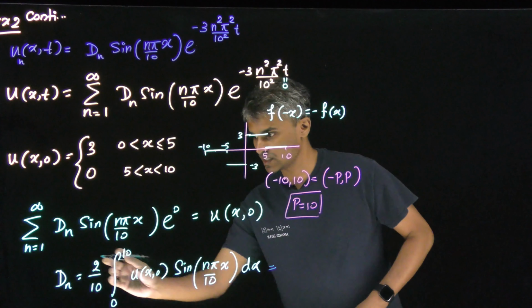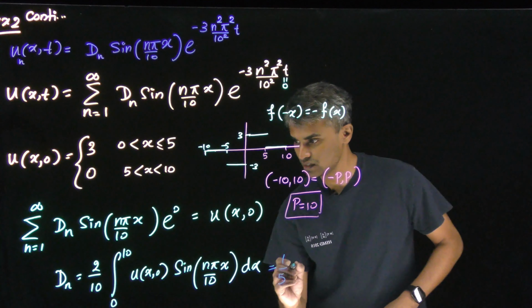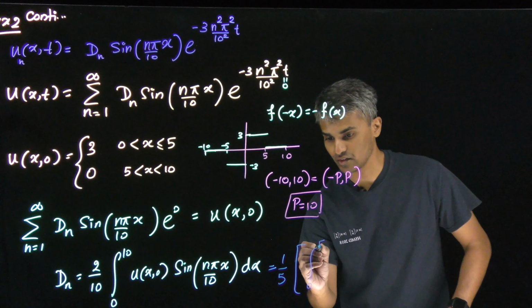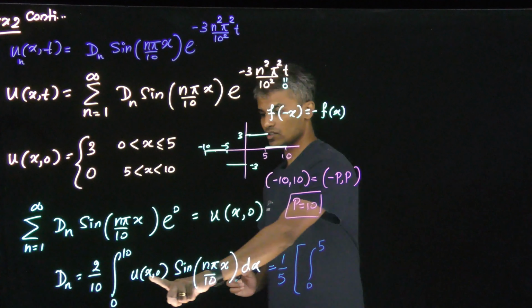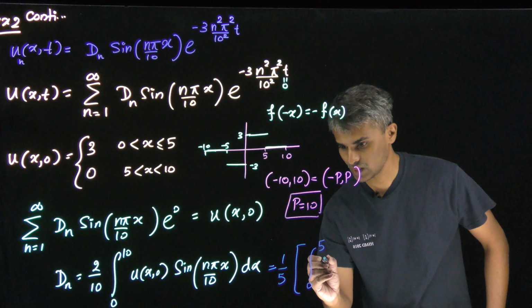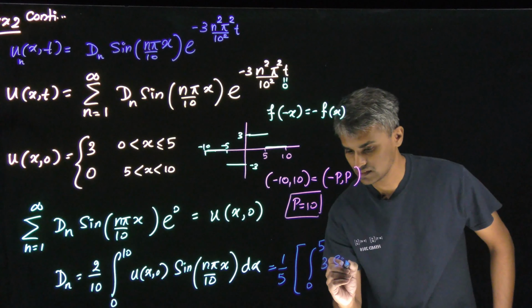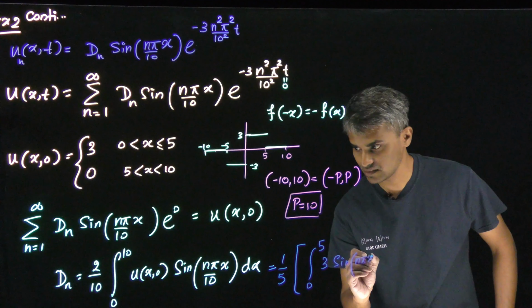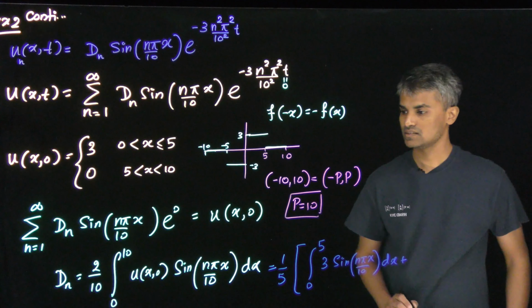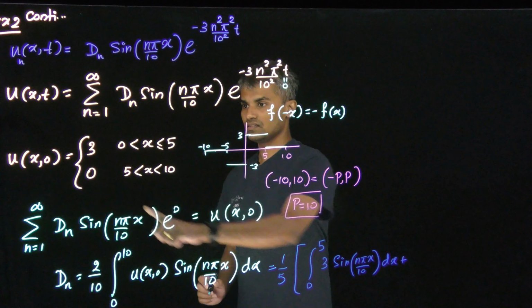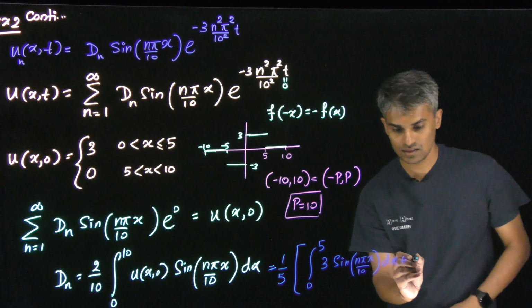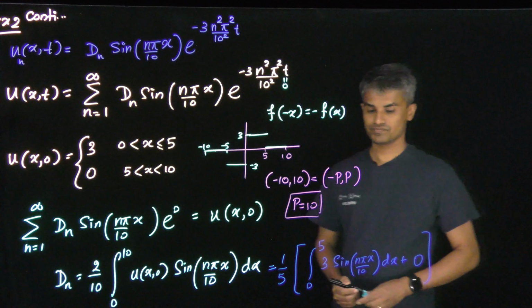So, we have 1/5, 2 over 10 is 1/5, times the first integral goes from 0 to 5. From 0 to 5, your function u of x comma 0 equals 3. So, 3 sine of n pi x over 10 dx plus from 5 to 10 my function equals 0. Therefore, this entire integrand becomes 0. If you integrate 0, you should get 0.